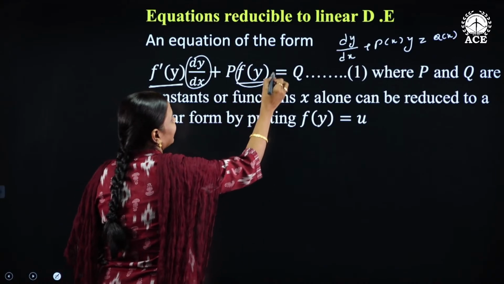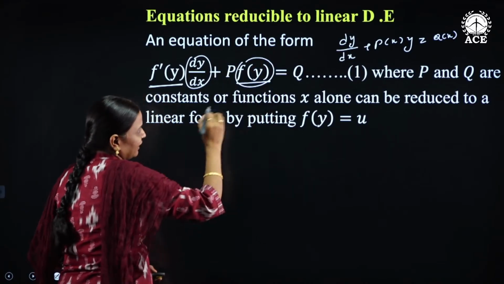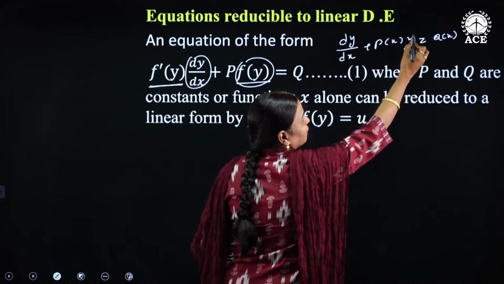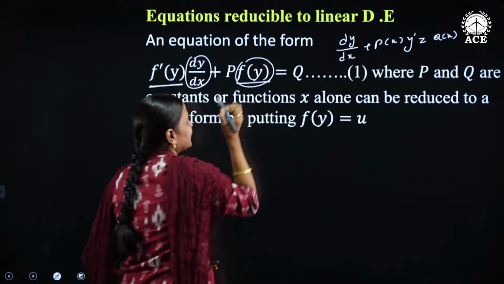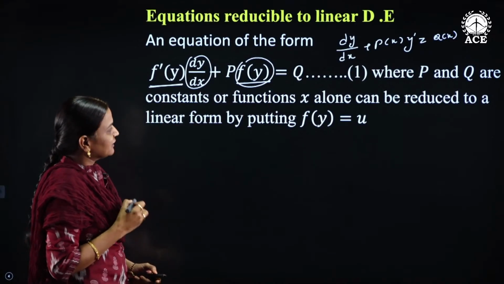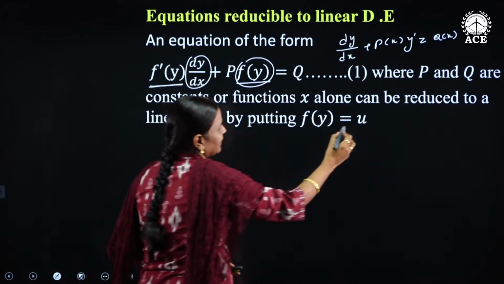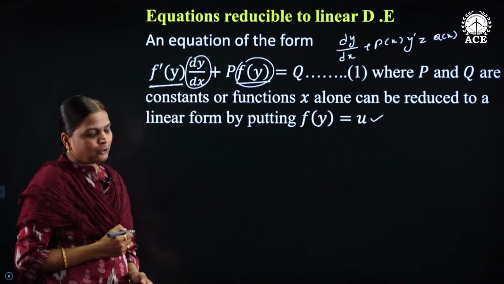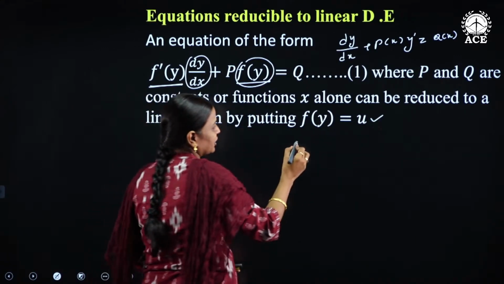So how to reduce this equation into linear form? Here we have a difference. If we compare these two, here the p coefficient is y with power 1. So that's why change that function by taking the substitution f of y is equal to u. If we take f of y is equal to u, then what is its differentiation?